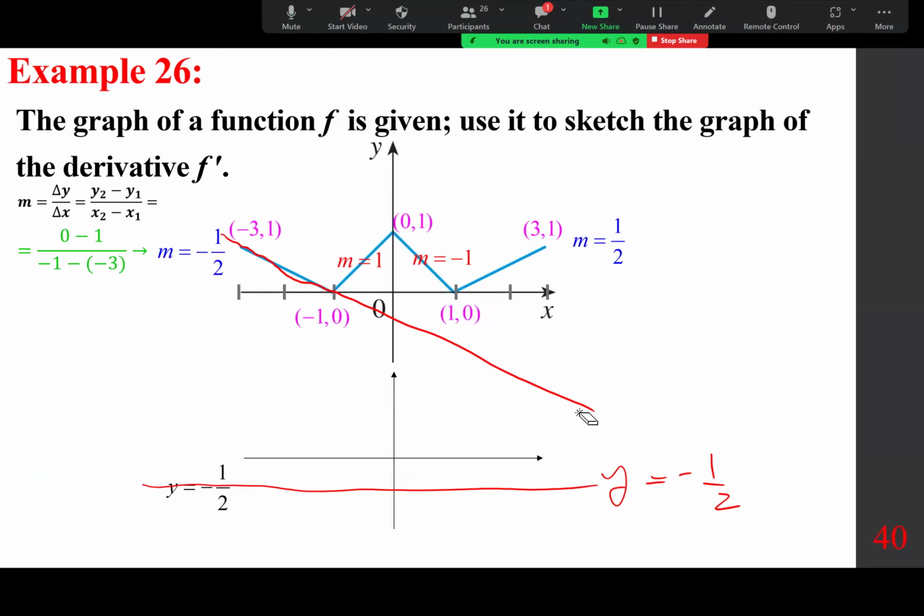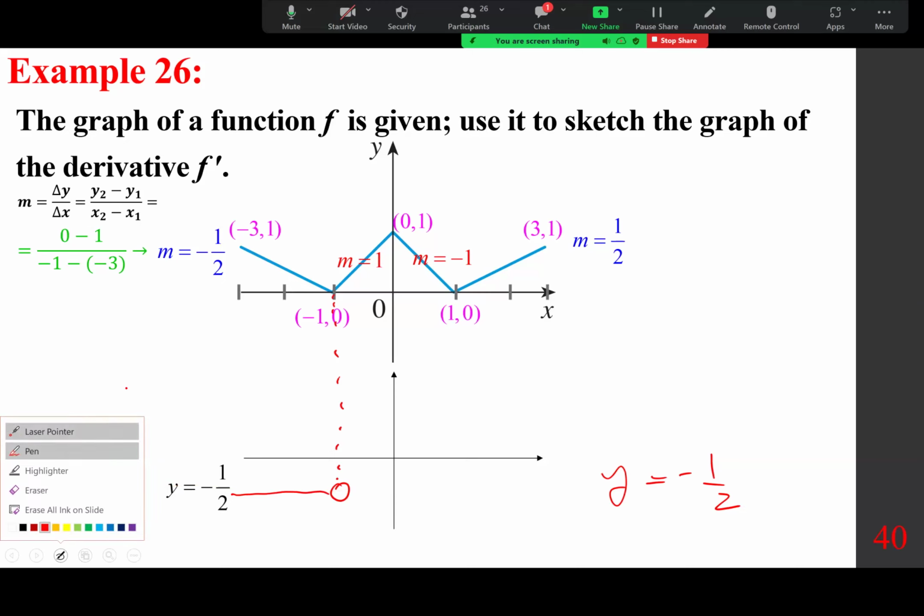But it's not. So what happens is that it stops here. And so you have to have a hole here. So what happens is we have this part of it.